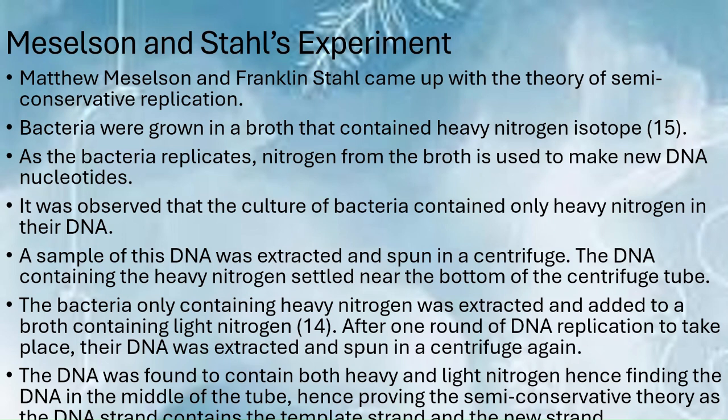The DNA was found to contain both heavy and light nitrogen, hence finding the DNA in the middle of the tube, proving the semi-conservative theory, as the DNA strand contains the template strand and the new strand. So the template strand is from the nitrogen isotope 15 and the new strand from the light nitrogen, which is isotope 14.